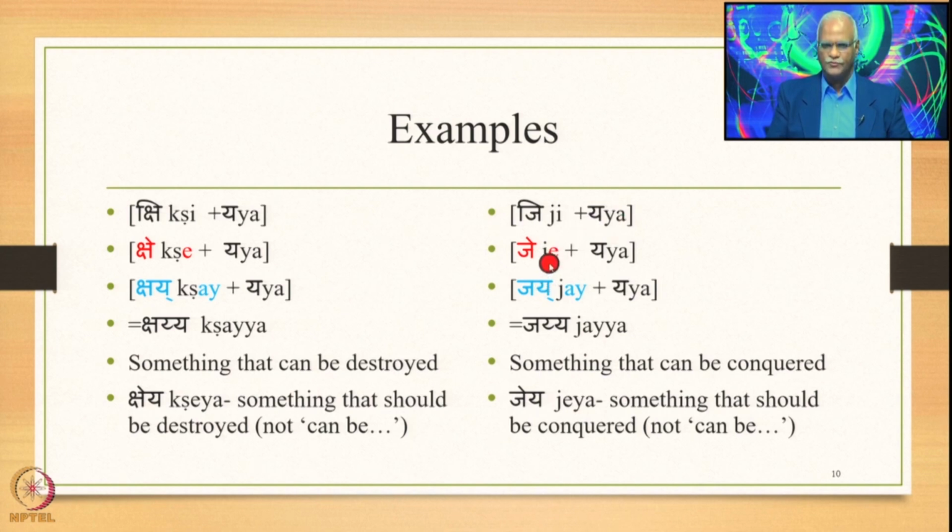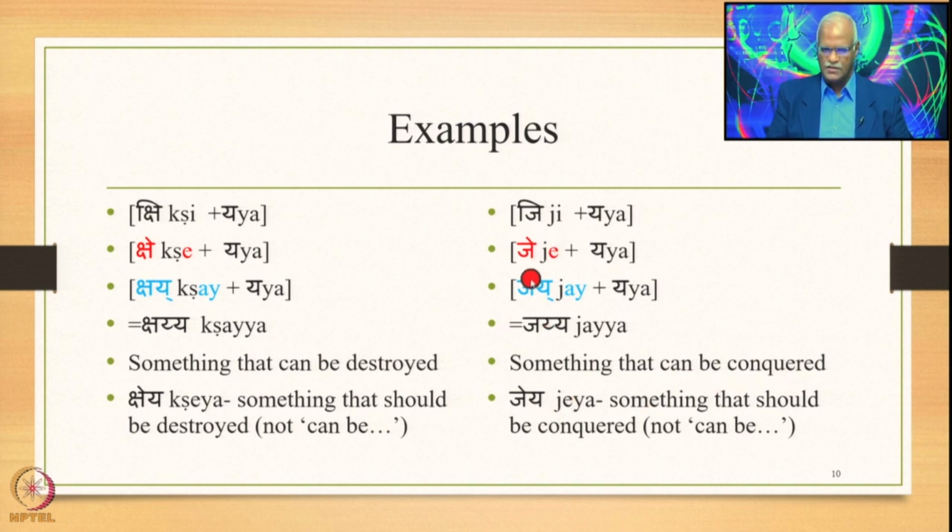And now there isn't any sutra which states aya as the substitute in place of this A, and so this sutra comes into play and substitutes A by aya, and so we have jaya plus ya, and so we get the form jaya, meaning something that can be conquered, as opposed to jaya.